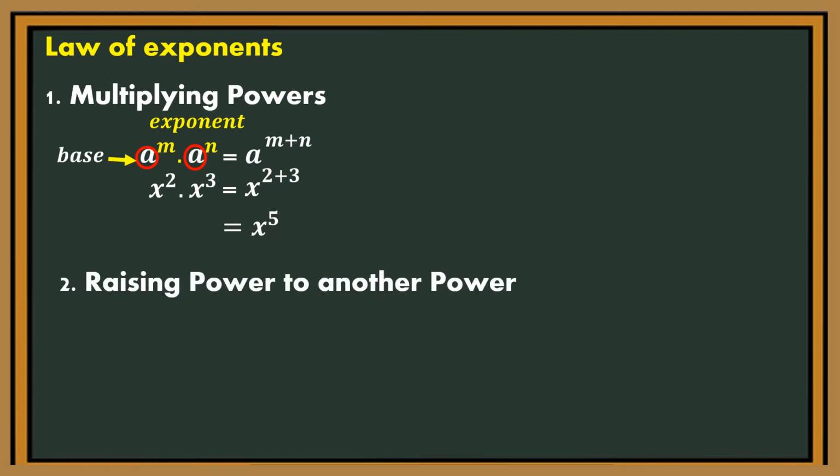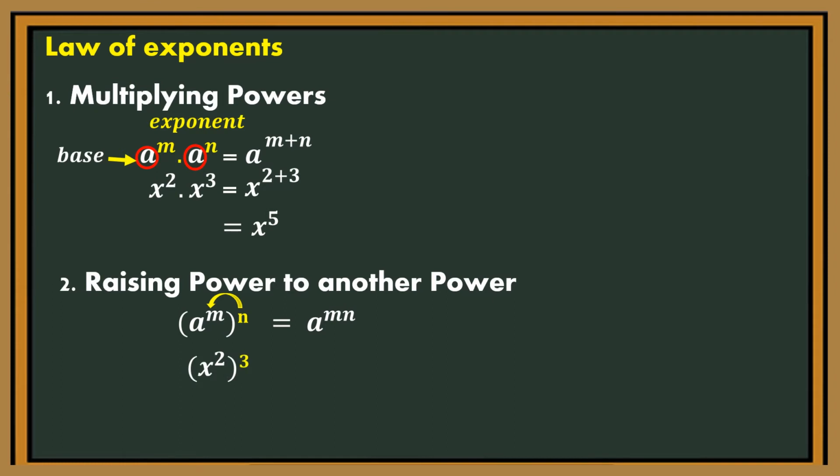Number 2, raising a power to another power. The quantity of a raised to m, quantity raised to n. You have noticed that we have here 2 exponents. All you have to do is multiply the exponent outside to the inside. So we will have now a raised to m times n.